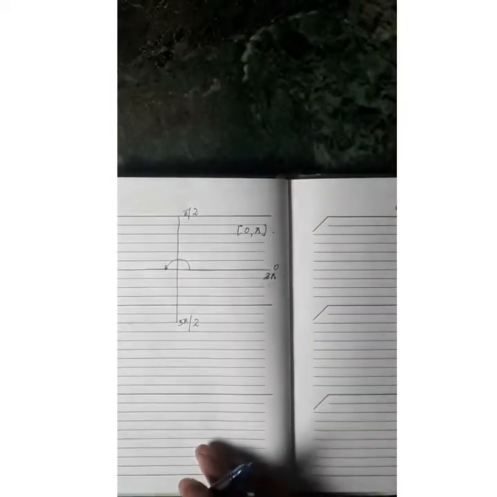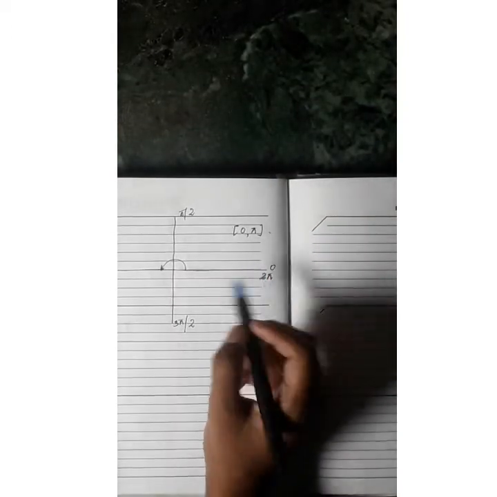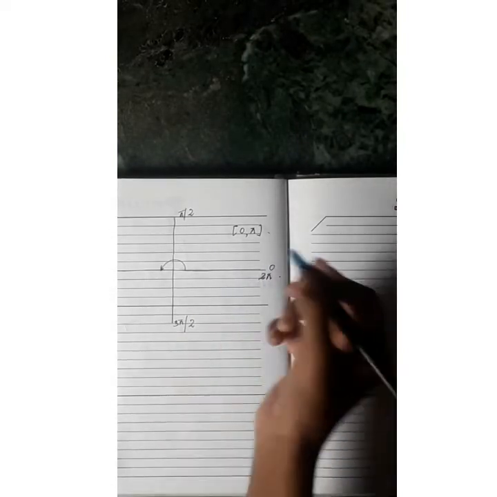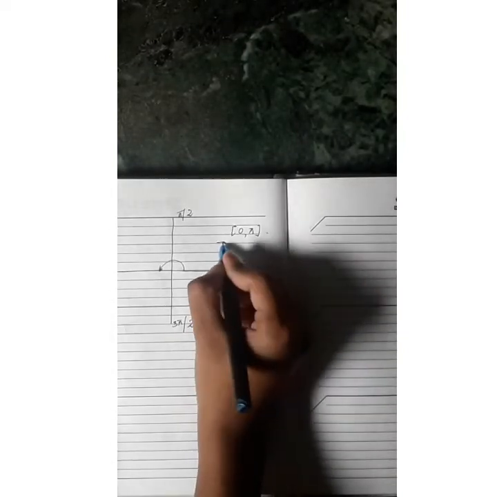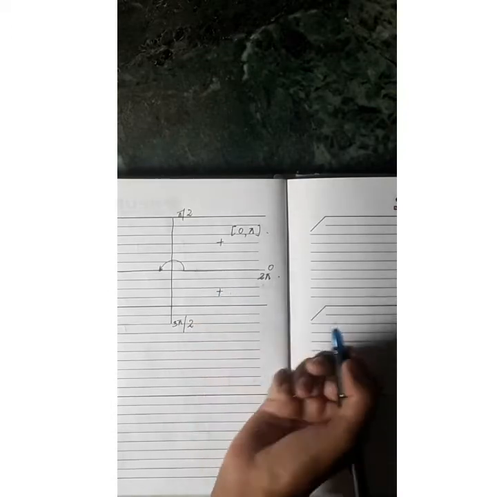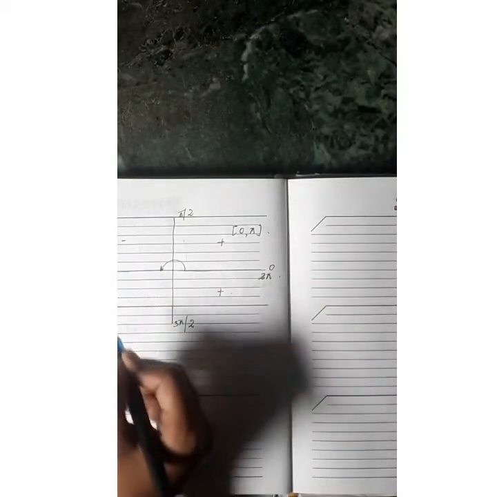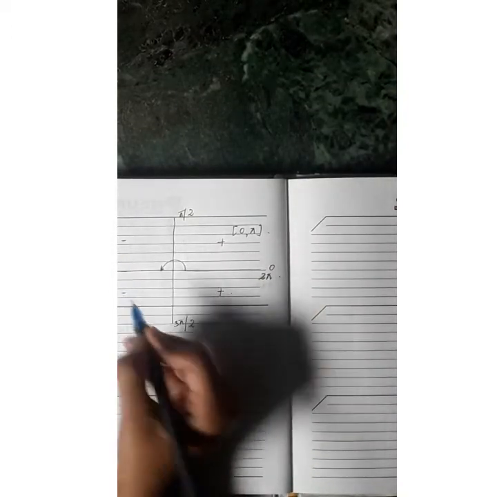You have to find any value of y. See, here you are getting cos y is equal to minus cos pi by 3. But it should lie between 0 to pi. And cos function is positive in the first and the fourth quadrant and negative in the second and the third quadrant.